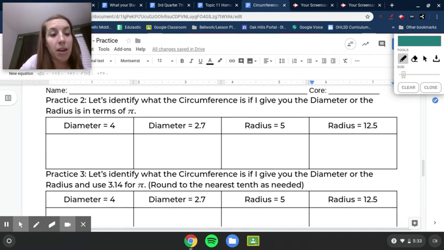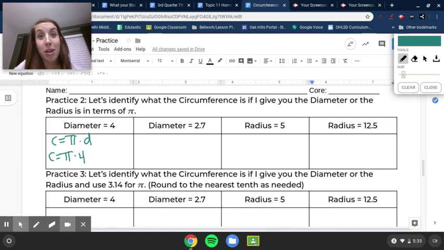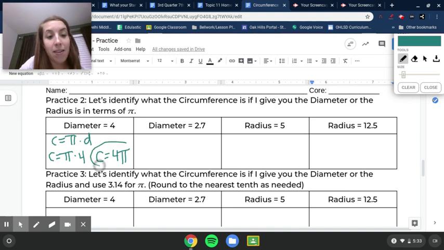Well, your formula is c equals pi times the diameter. Okay, well, you know that your diameter is 4, so c has to equal pi times 4. Well, we can also rewrite that as c equals 4 pi. This is your answer. 4 times pi is the same thing as pi times 4.